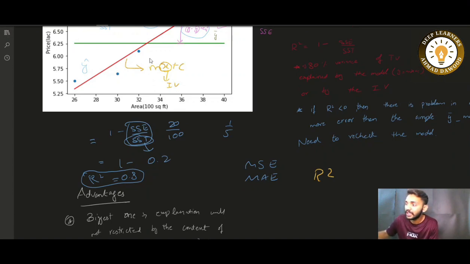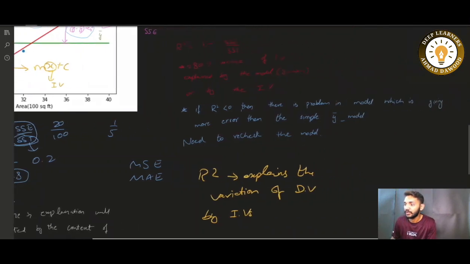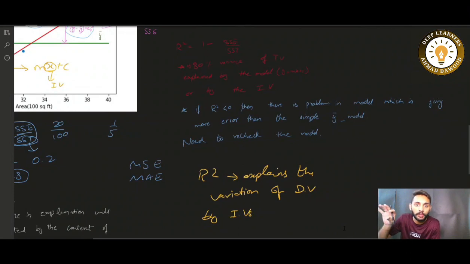Or in other words, R square explains the variation of the dependent variable by the independent variables. How much the independent variables are explaining the variation in your dependent variable. In this context, R square works.